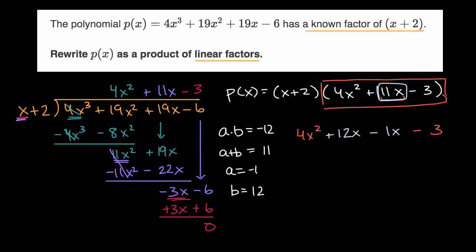And then out of these first two, what can I factor out? I can factor out a 4x. If this is unfamiliar to you, I encourage you to review factoring by grouping on Khan Academy. So if we factor out a 4x, we're going to be left with an x here, and then we're going to be left with a 3 over here. And then for these second two terms, if we factor out a negative 1, I'll write negative 1 times, we're going to have an x plus 3.